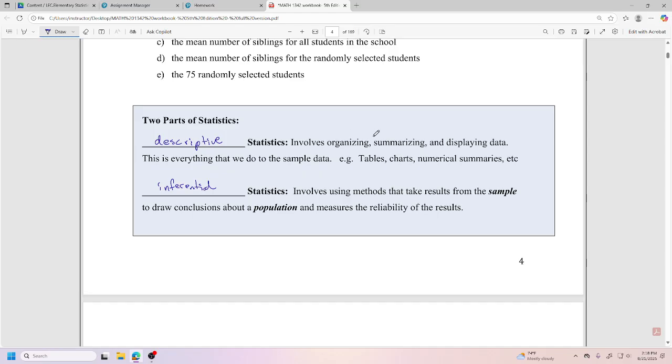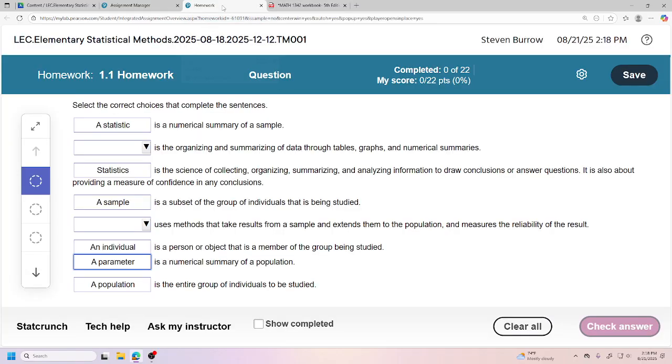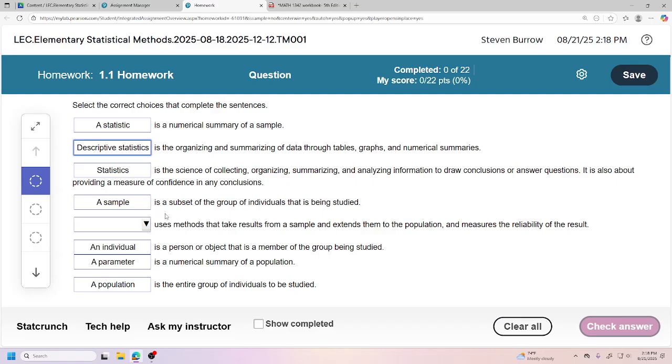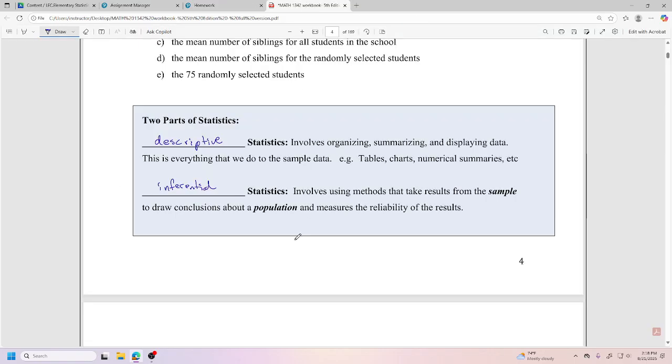So organizing, summarizing, displaying data. Wasn't that one of those options there? I'm going to go back to it. Organizing, summarizing something through data. There it is. So that's the descriptive. And so let's try the last one. It says involves methods for taking results and drawing conclusions.